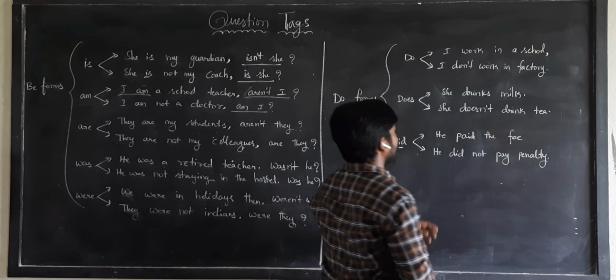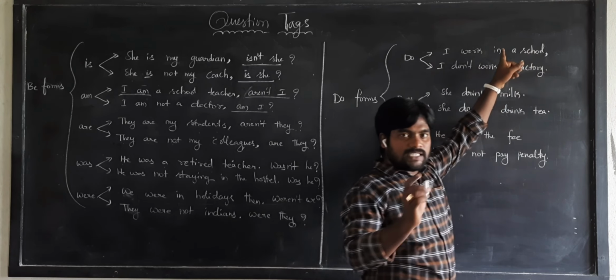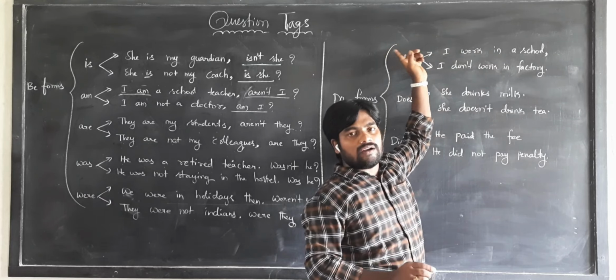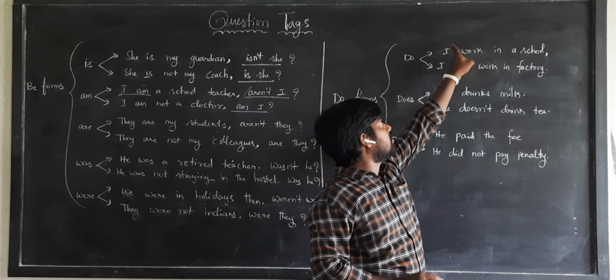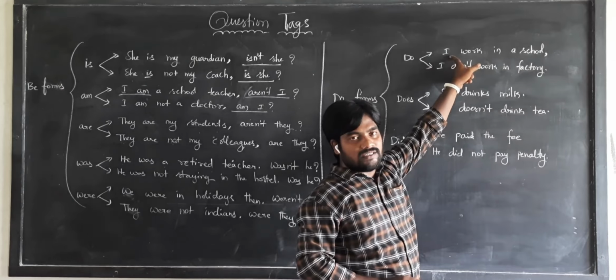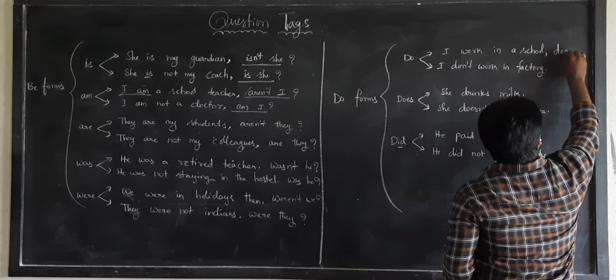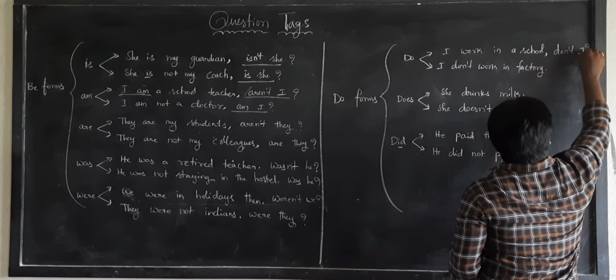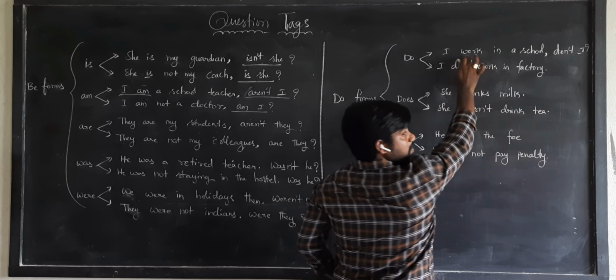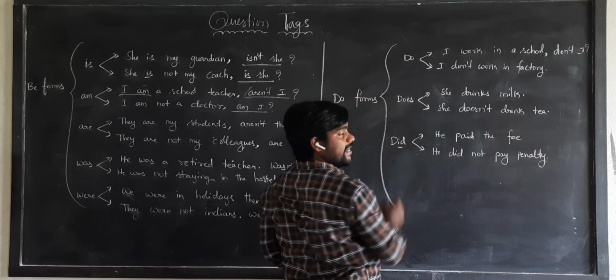Now, come back here. How do we change? I work in a school. Since it is a simple present tense, what do you take? Do. Because it is first person singular. Don't I? Simple present tense, do form will be taken.